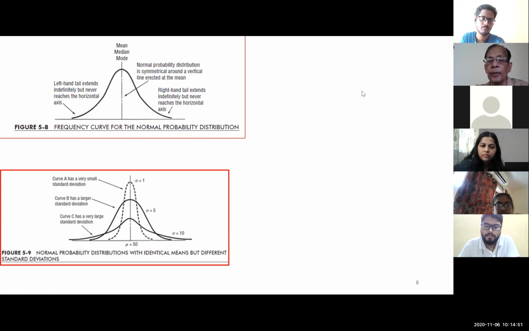I repeat, all symmetric curves may not be normal, but all normal curves must be symmetric. Now the lower one, which is a flat one, is also not normal, but it is symmetric. And the top one, which is a peaked one, though it is symmetric, is not normal. The middle one is the only normal curve. So have clarity now on what we mean by normal distribution, normal curve.